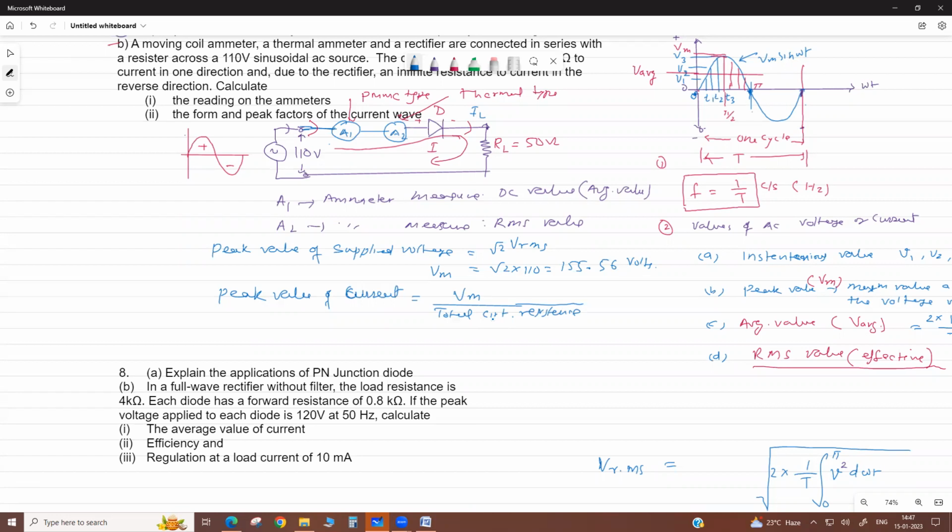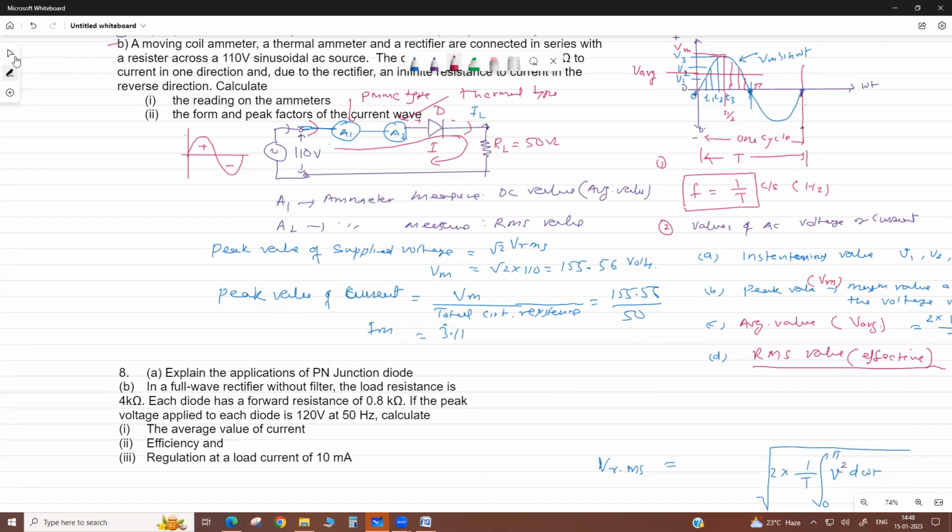Total circuit resistance during forward conduction is 50. So 155.56 divided by 50 gives IM, the peak value of current, 3.11.